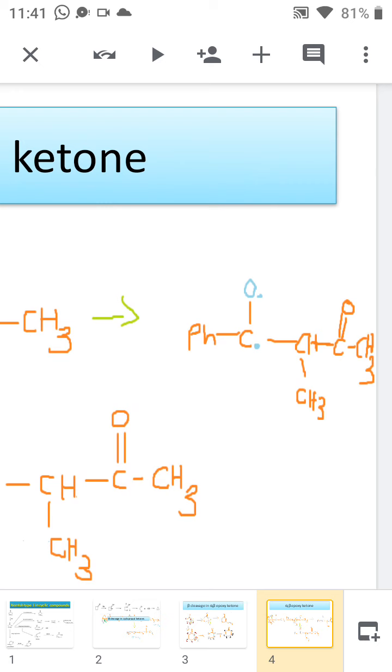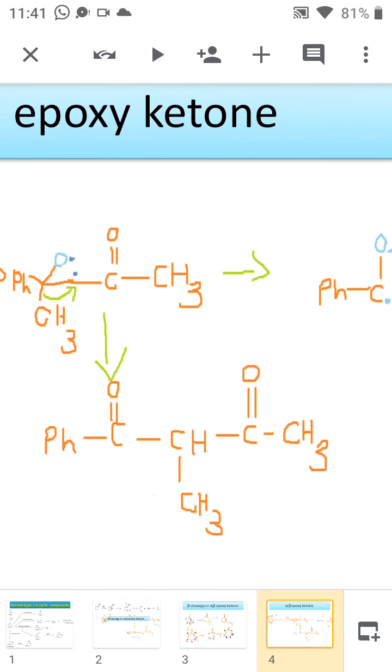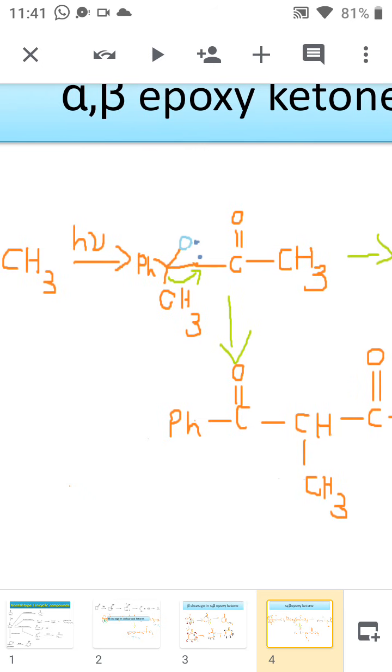The newly generated radical is stabilized by the phenyl group. After that it will recombine and form a carbonyl group compound. So in the final product we can see that two carbonyl groups are attached.